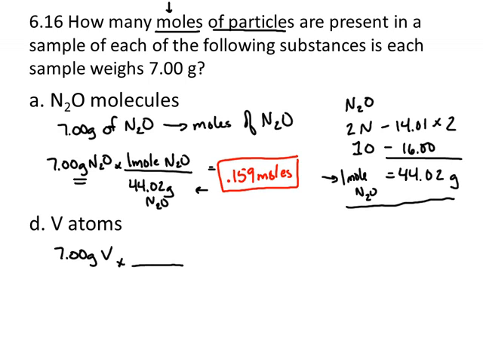Now, I'm only going to go to the hundredths decimal place, so I'm going to say this is 50.94 grams per 1 mole of vanadium. And then 7 divided by my molar mass at 50.94 gives me 0.1374, but I only have 3 sig figs, so it's 0.137 moles vanadium.